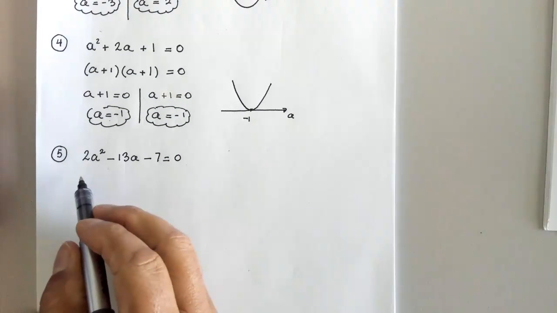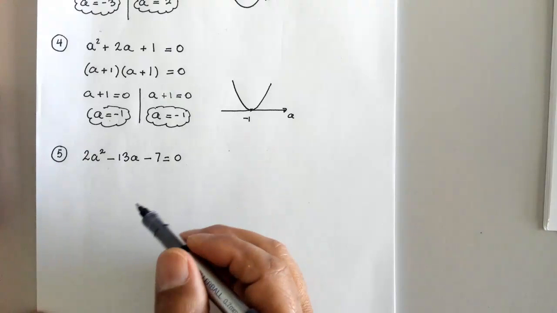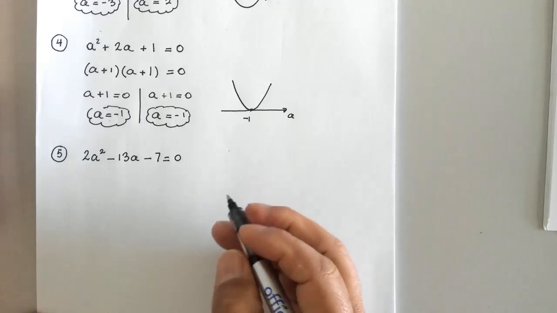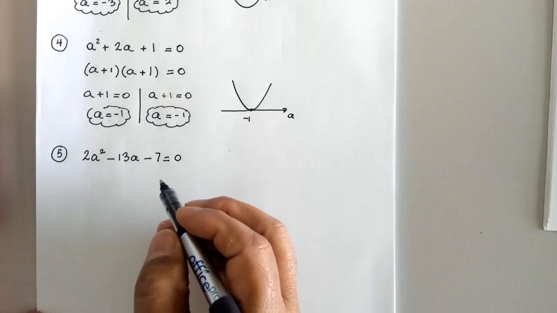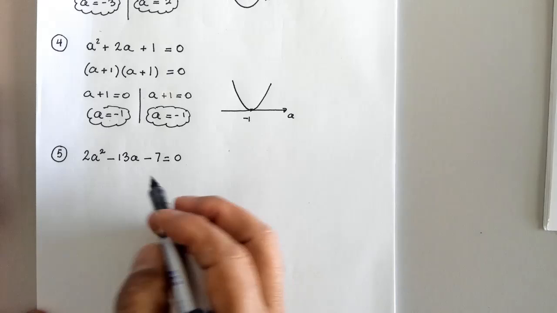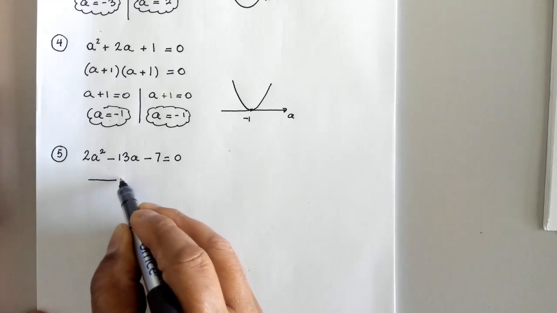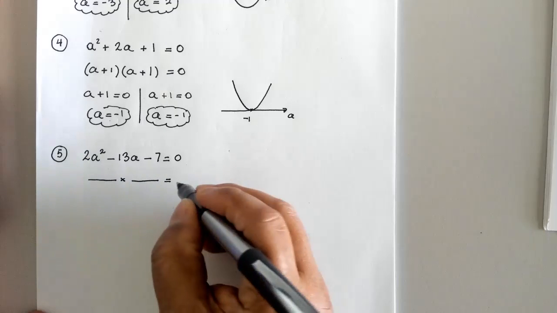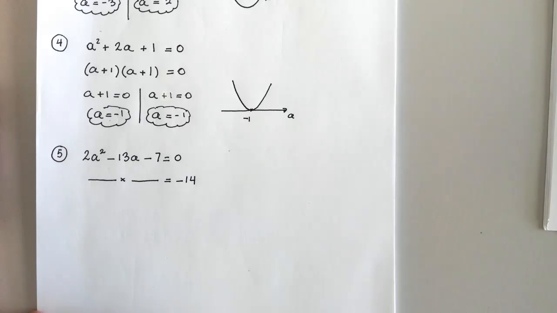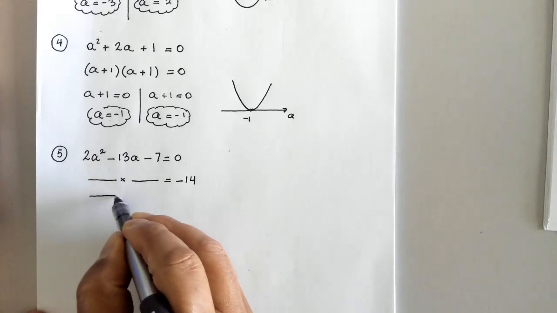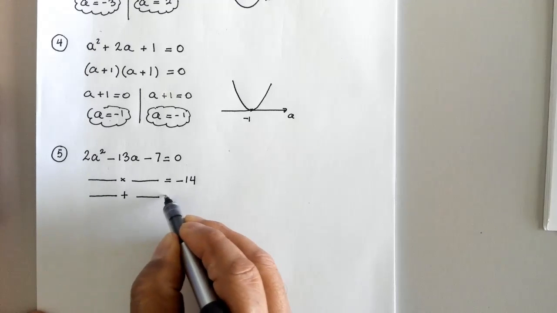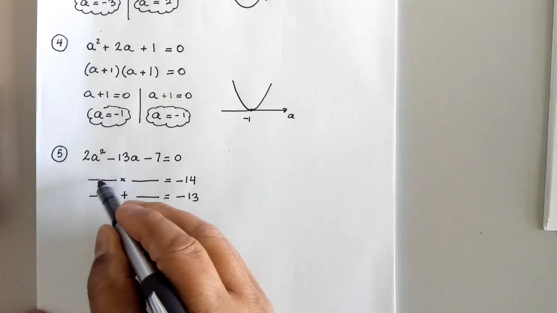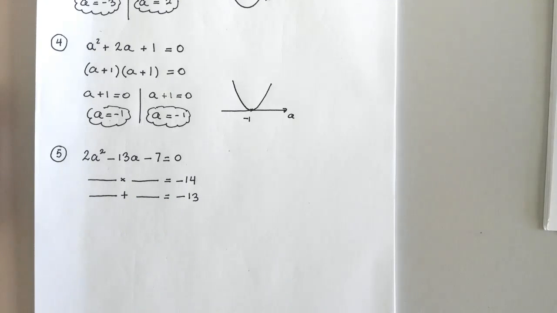Okay, so we have to factor this expression, and we need to remember what to do. We need to find two numbers that when you times them together equal, this time we need to be careful, not -7 but 2 times -7, which is -14. And when you add them together, the answer has to be -13. Because it's negative, one has to be positive and the other negative.